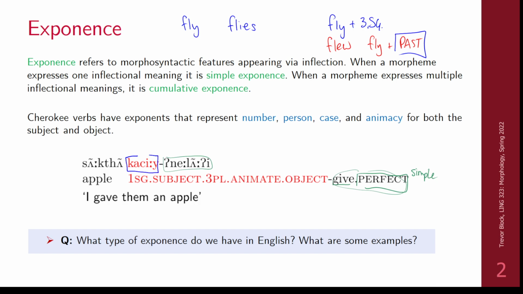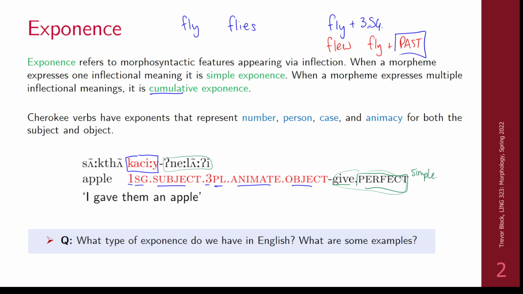And this is one prefix, so we can't really break this apart. But this prefix expresses the fact that it's a first person singular subject. There's a third person plural animate object. So it specifies 7 pieces of inflectional information in one morph. So that's why it's called cumulative exponents. You're accumulating meanings in one morpheme, or one morph.